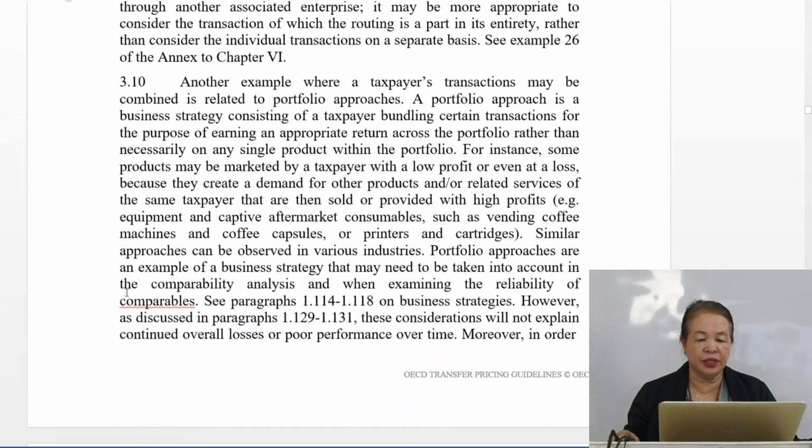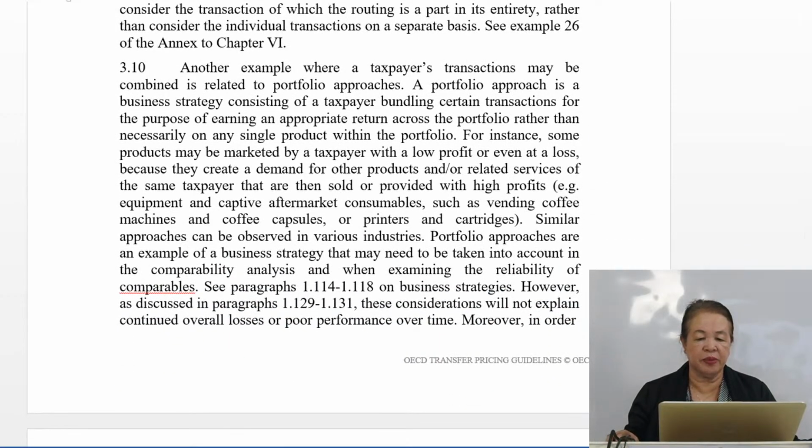Another example where taxpayers' transaction may be combined is related to portfolio approaches. Portfolio approach is a business strategy consisting of a taxpayer bundling certain transactions for the purpose of earning an appropriate return across the portfolio rather than necessarily on any single product within the portfolio.